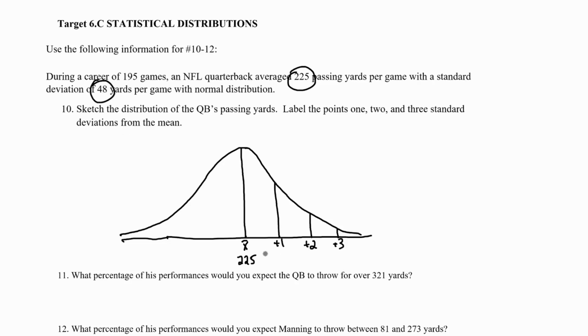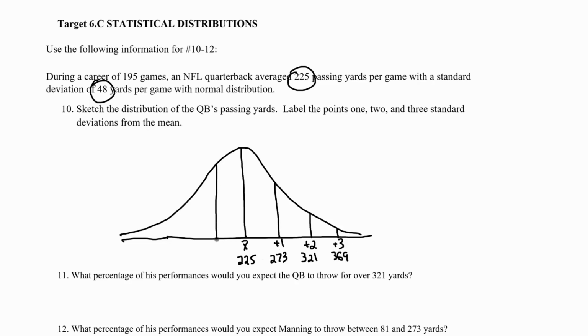So 225 plus 48 is going to be 273. That goes right there. And then I add 48 to 273. That gives me 321. And I add another 48 to 321, which is 369. So that gives me three standard deviations above the mean.